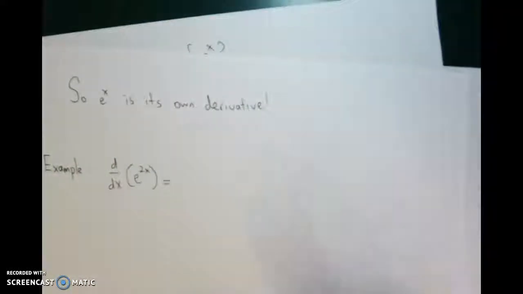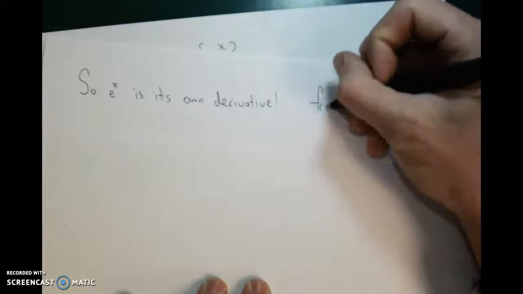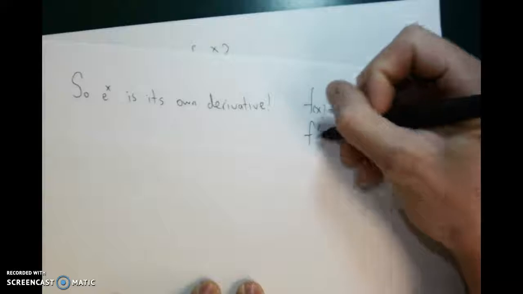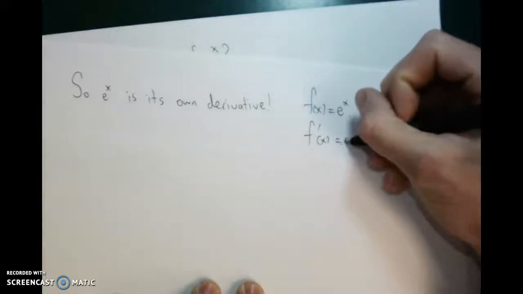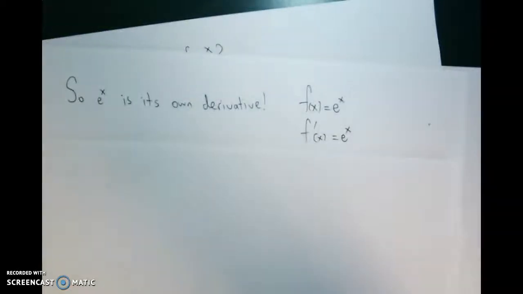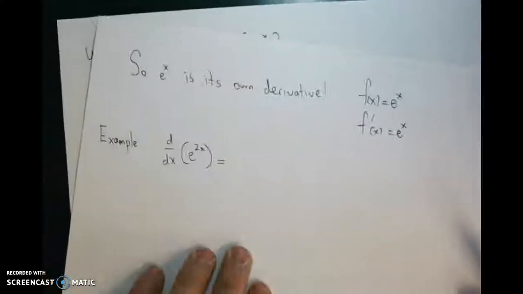Great. So in other words, e to the x is its own derivative. That's what we just showed. If you have f of x equals e to the x, then f prime of x is also equal to e to the x. Let me show you a little example. How would you actually use this in practice? Here's an example.